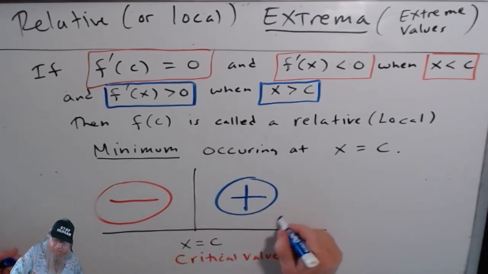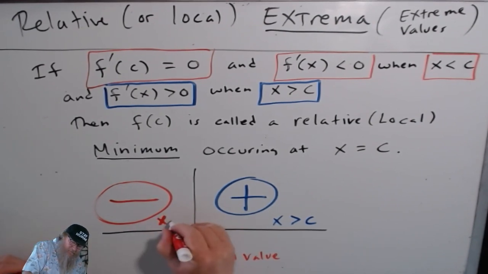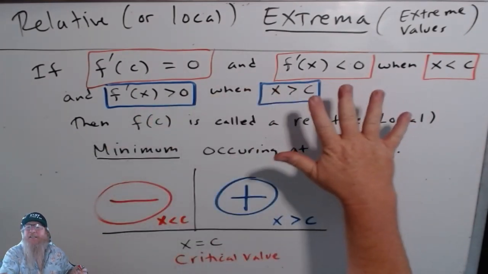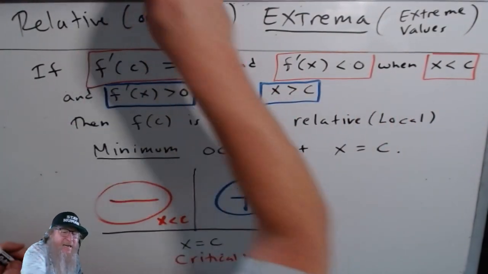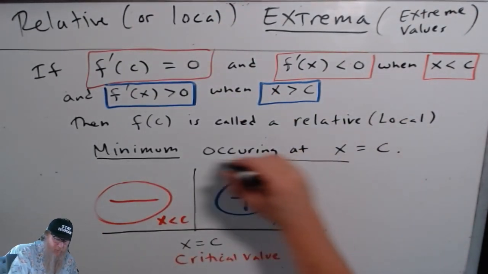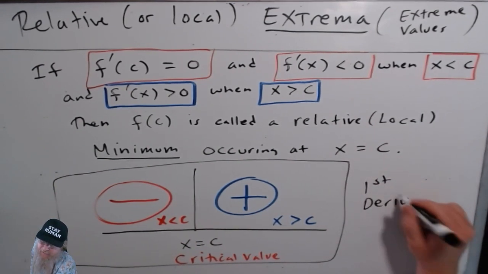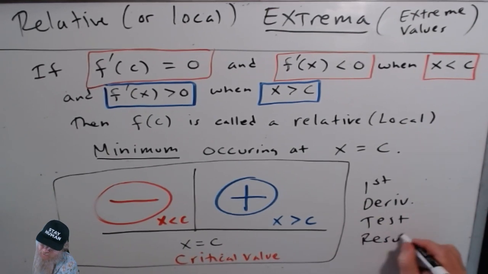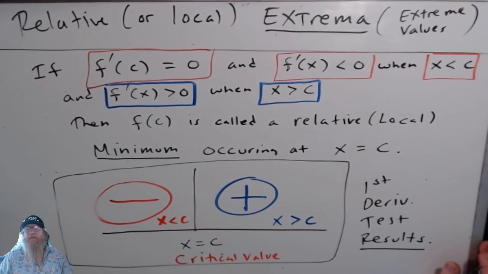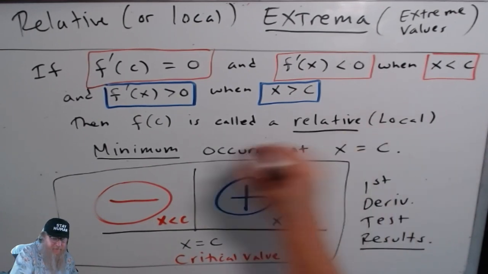That means this side is positive. So this is just a formal written explanation for the sign test. This is what it will look like when you do the sign test, or the first derivative test results. Then it's called a relative minimum.